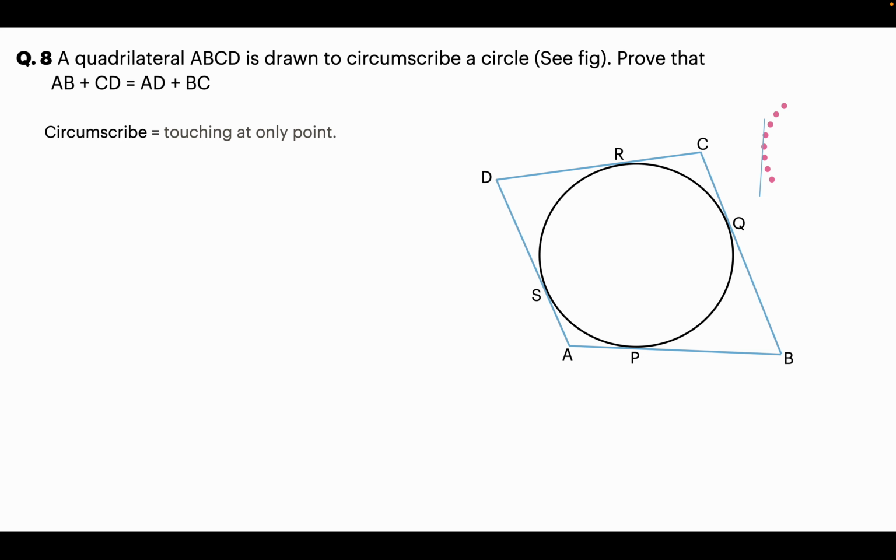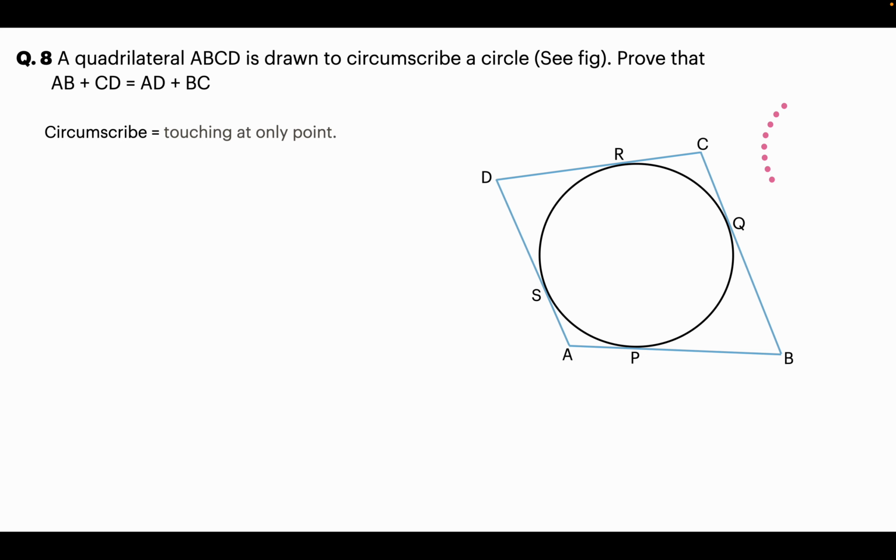It cannot. So that means the lines of this quadrilateral that are used to circumscribe a circle have to be tangents. Only then they can circumscribe a circle.